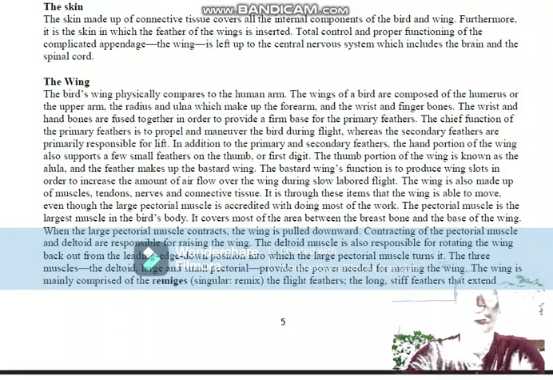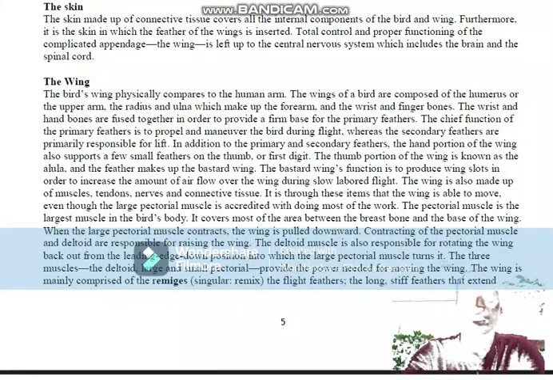We also have the humerus, the radius and the ulna, the wrist bones, and the finger bones, or the phalanges, whatever you may call them. The wrist and the hand bones are fused together in order to provide a firm base for the primary feathers, and their chief function is the propelling and maneuvering of the bird during flight.